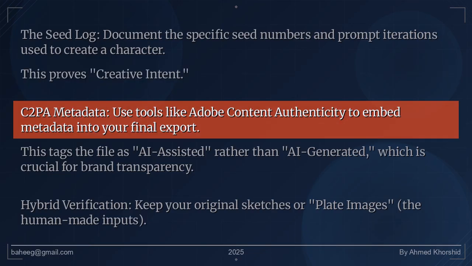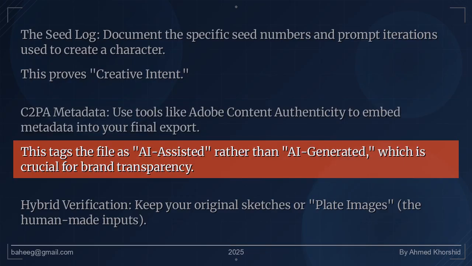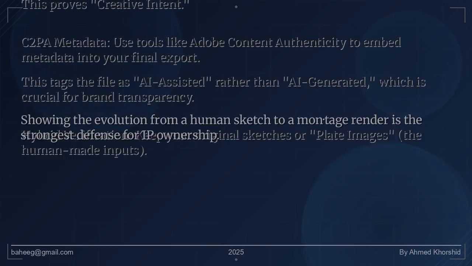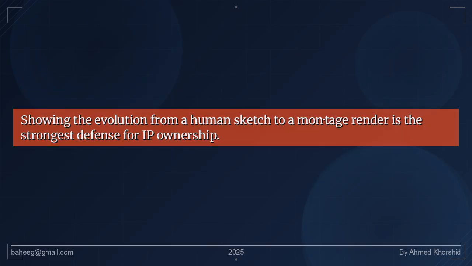C2PA metadata: use tools like Adobe Content Authenticity to embed metadata into your final export. This tags the file as AI-assisted rather than AI-generated, which is crucial for brand transparency. Hybrid verification: keep your original sketches or plate images, the human-made inputs. Showing the evolution from a human sketch to a Montage render is the strongest defense for IP ownership.